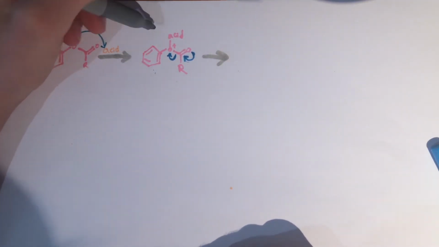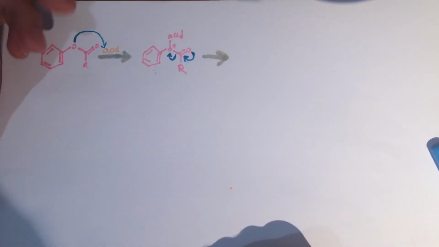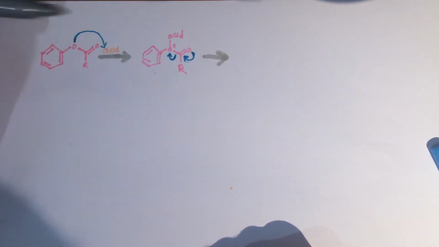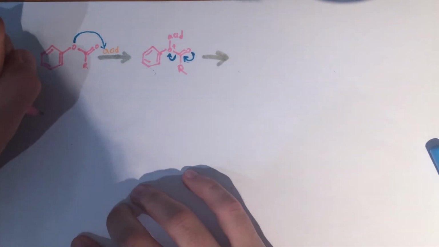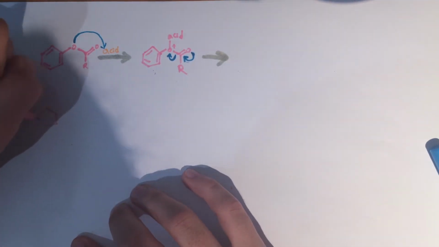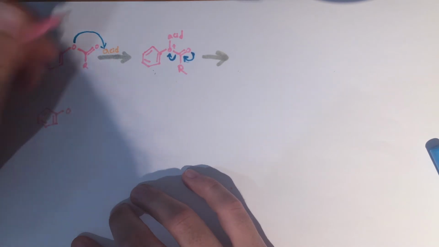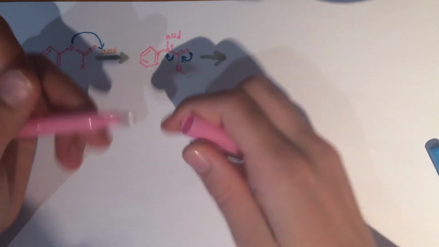Now, in this case, because there's no other functional groups, the molecule will create both ortho and para products. I'm going to go through it twice. Okay.